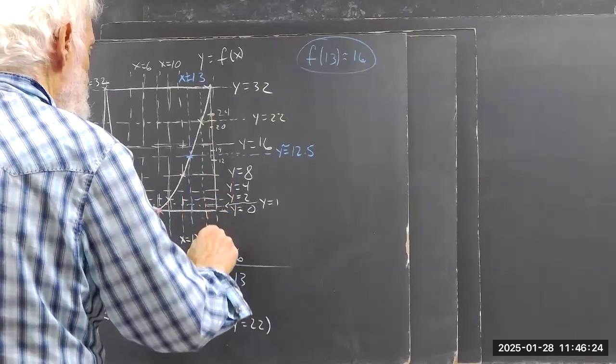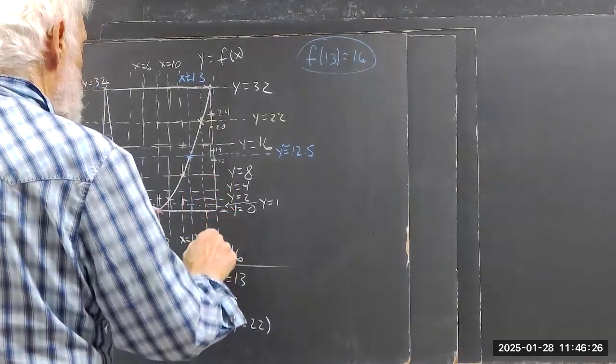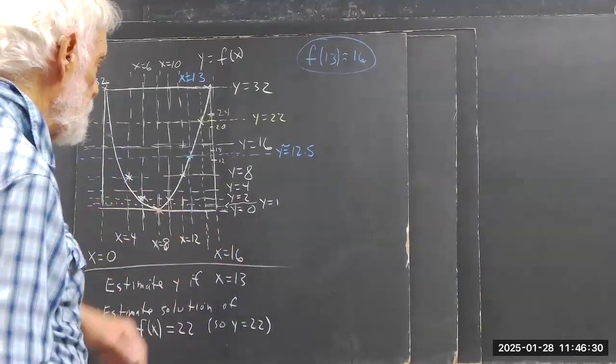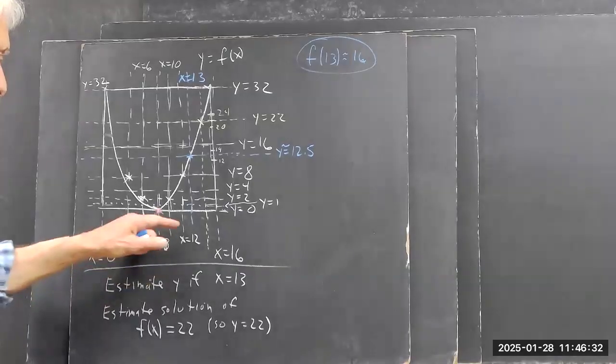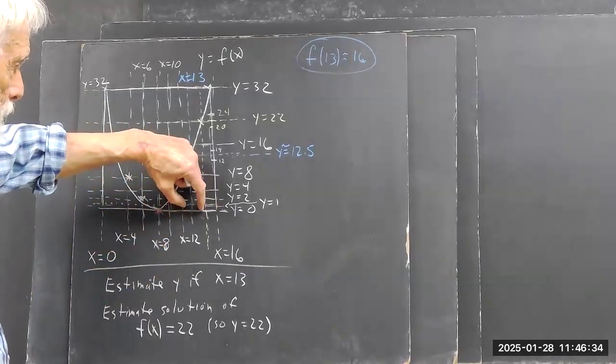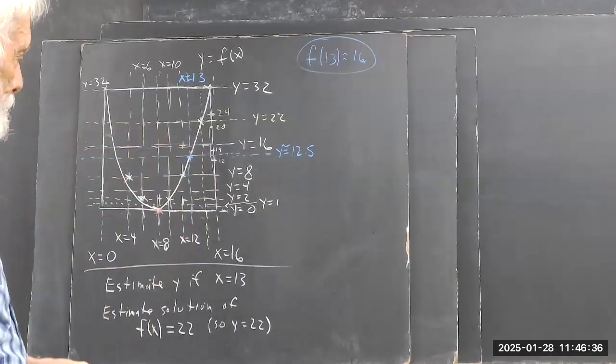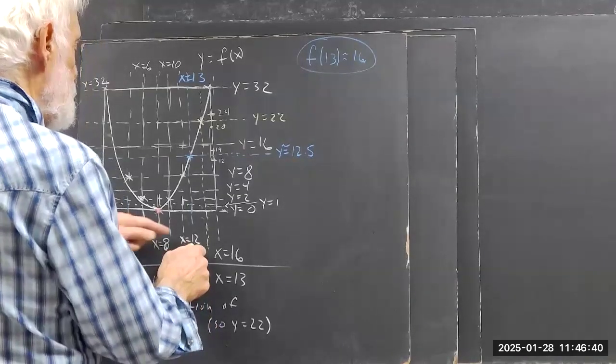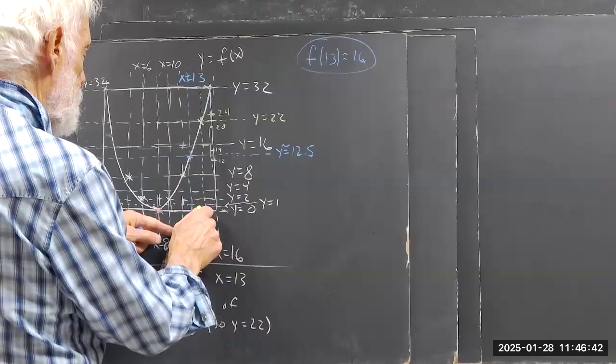Then I do a line here, or label it someplace, I'll label it here. What do you think x is? Here's 12, here's 16. What do you think that is? Well, I could divide the 12 into 16, there's 14.